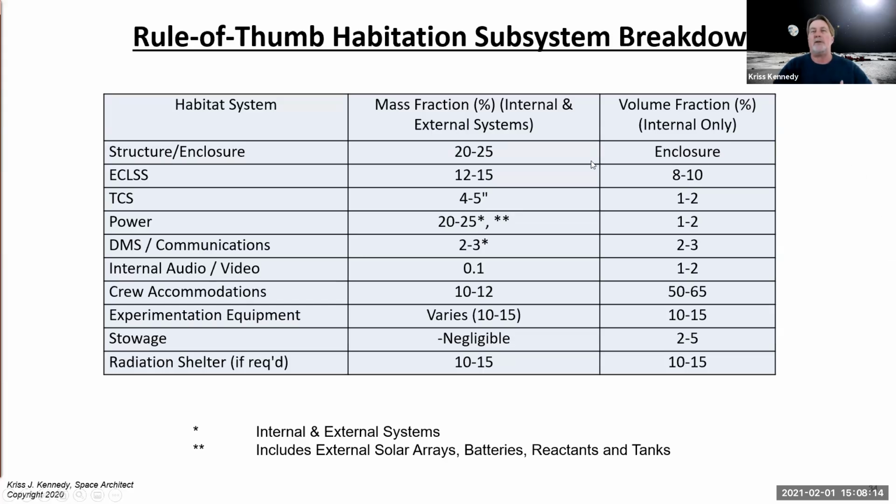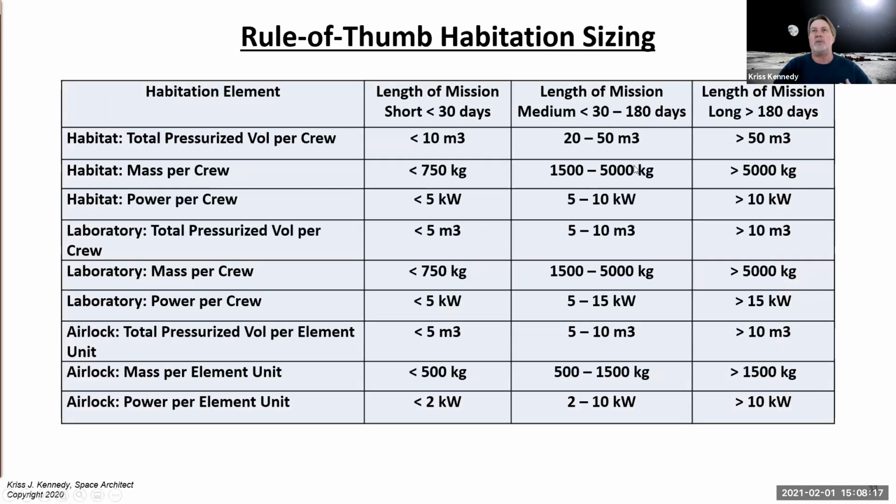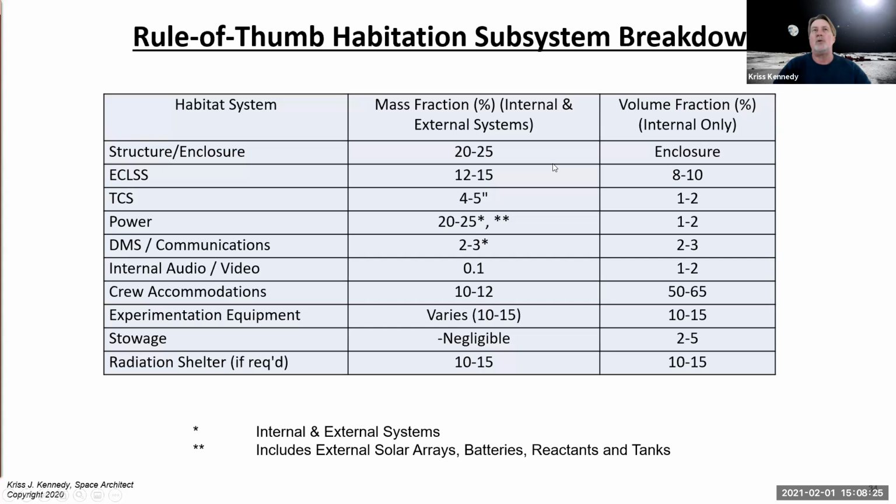So if you're trying to get a rough idea, in the previous chart you get a rough idea of the total mass, and then you could take this number and say, okay, typically in all the designs that have been done, you can estimate that 12 to 15% is going to go towards ECLSS, and so on and so forth, and then you could begin to do that breakdown. Obviously, the better way to do it is your bottoms-up detailed design analysis, but when you're early on in conceptual design, you're trying to get your rough ideas of masses, systems and volumes, this will put you in the ballpark.